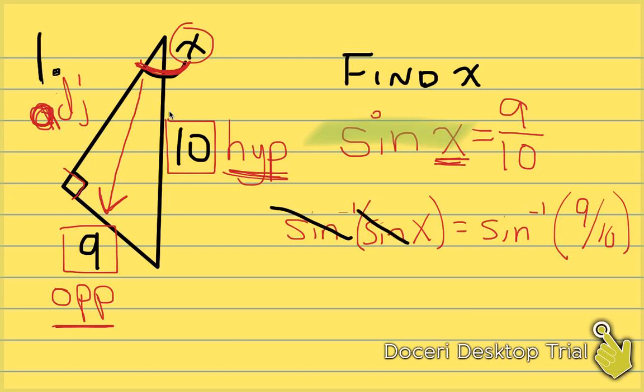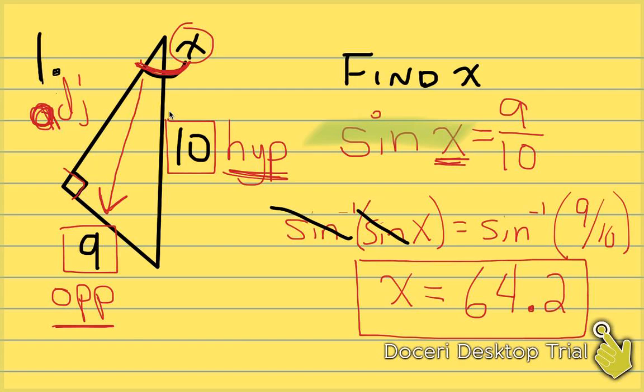Arc sine and sine cancel out. We're left with just x equals, and if you plug arc sine of 9 over 10 into your calculator, you get something like 64.2. And that is your answer. If you didn't copy that down already, I'll give you a second to do it right now.